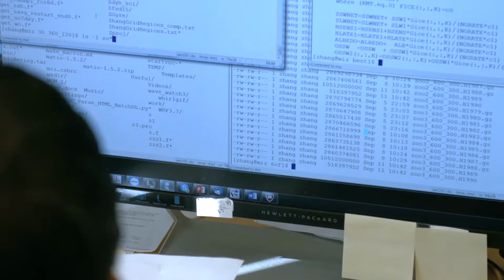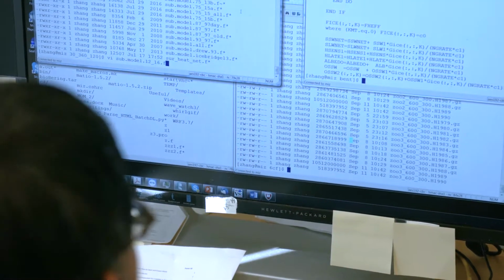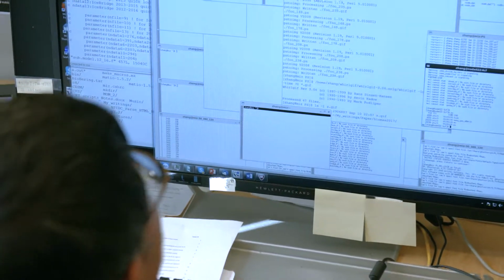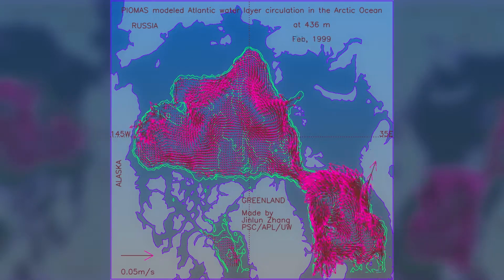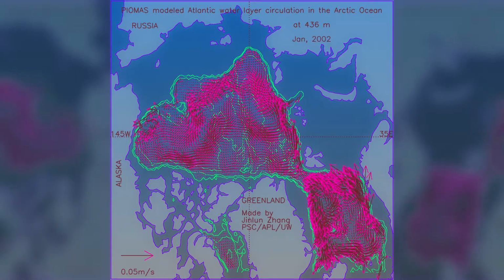So you have to write software to calculate the sea ice and ocean processes based on mathematics and sea ice and ocean physics. The development of HIOMAS is based on the model PIOMAS. PIOMAS is the Pan-Arctic Ice-Ocean Modeling and Assimilation System.